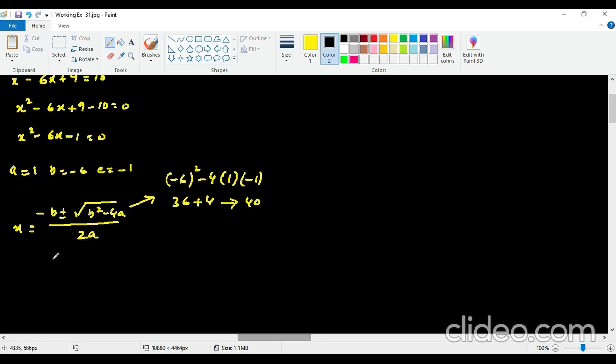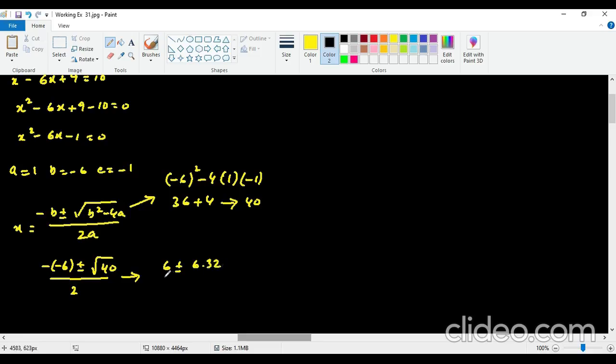So I will write minus minus 6 plus minus under root 40, over 2 times a, which is 1. So I'll keep it as it is. So this is going to give us a positive 6 plus minus under root 40, which is 6.32.